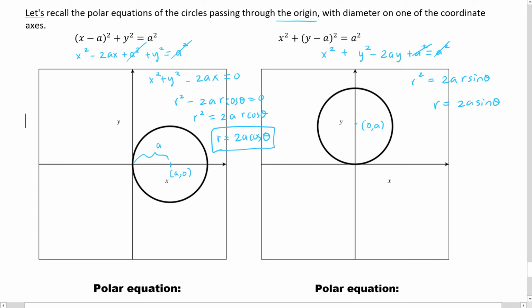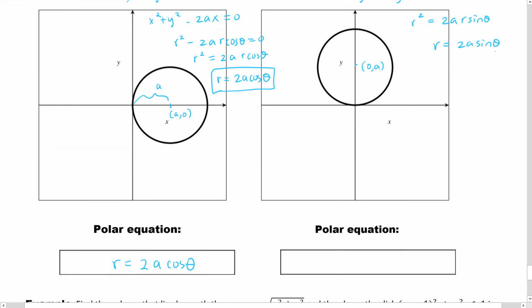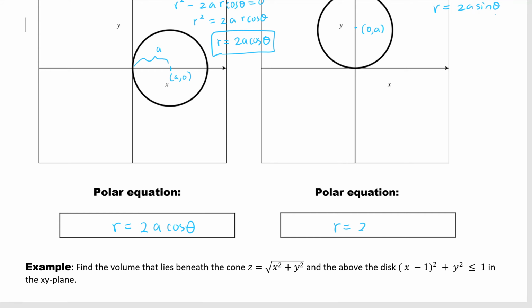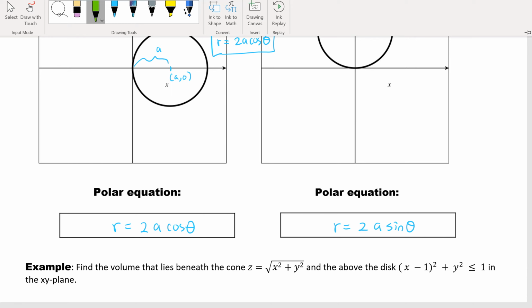When theta is 0, we already include the solution r equals 0. So here we get r equals 2a sine theta. See, very simple polar equations. Now with this in mind, let's look at the following example.